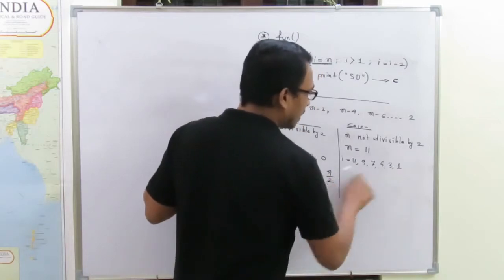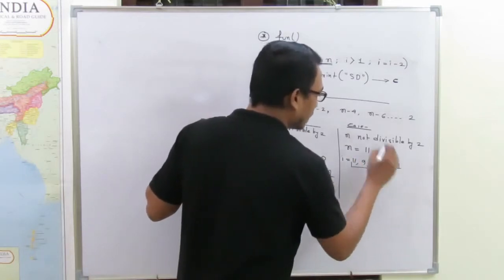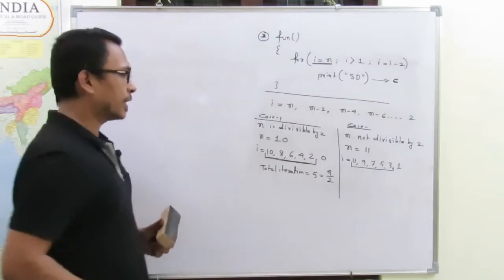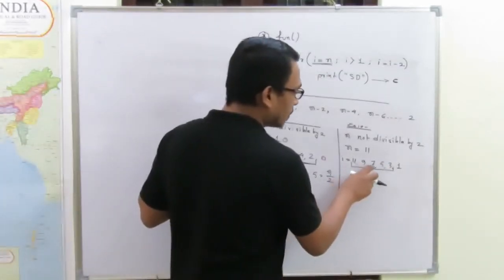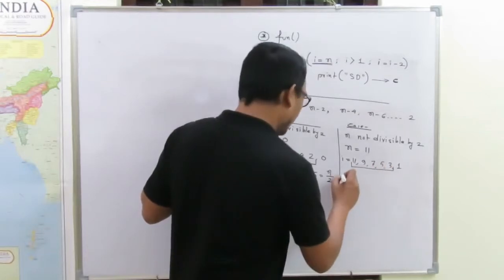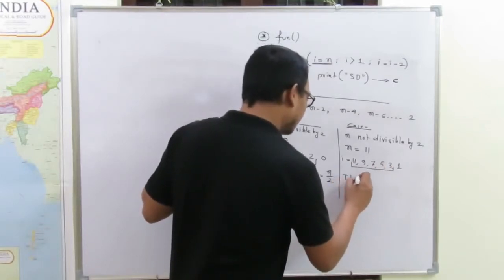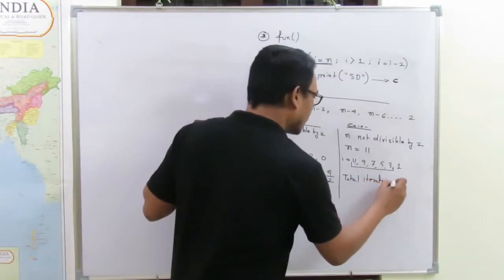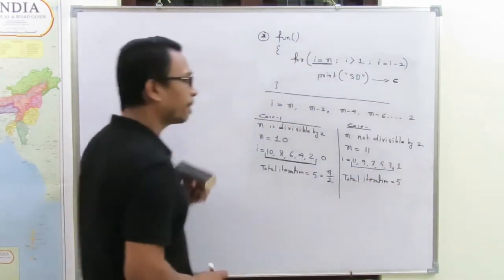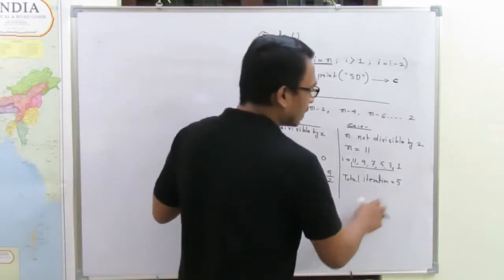For all these numbers the loop will execute. How many iterations are there? 1, 2, 3, 4, 5. Again we have total iterations 5.